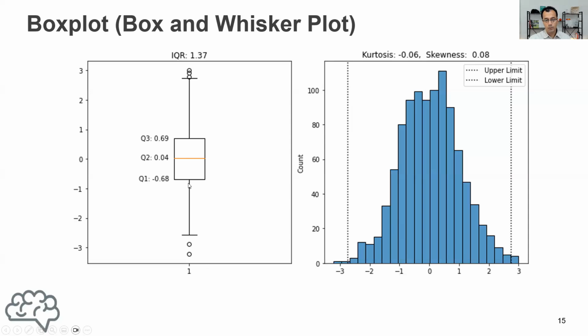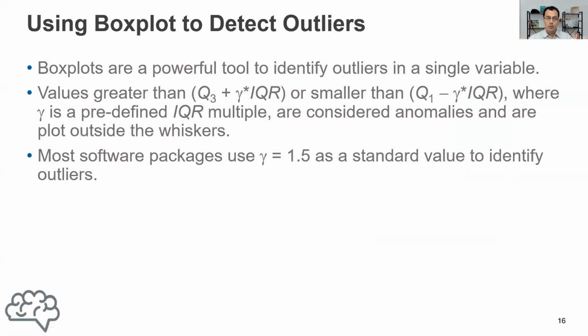So this is one representation of the distribution using the histogram. This is another representation using the box plot. Let's now talk a little bit about how we can use the box plot to detect outliers. I mentioned in the previous slide that we have an empirical rule that takes into account the interquartile range.